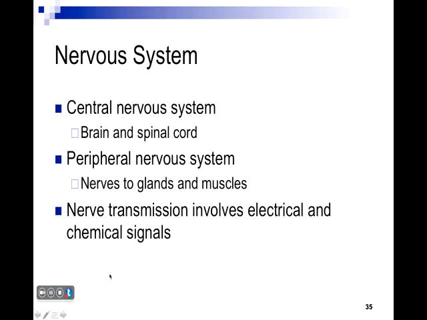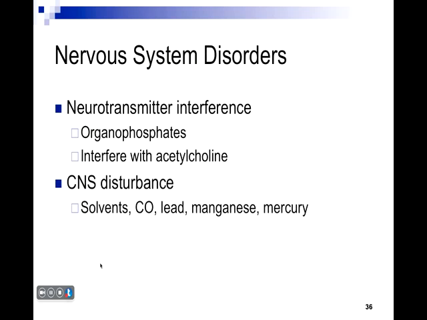The next system is nervous system toxicity, and the nervous system is going to be composed of either your central nervous system, which is your brain and spinal cord, or your peripheral nervous system, which is nerves to the glands and muscles. And nerve transmission is somewhat complicated and involves both electrical and chemical systems, and both of these pathways can be interfered with by a variety of toxicants.